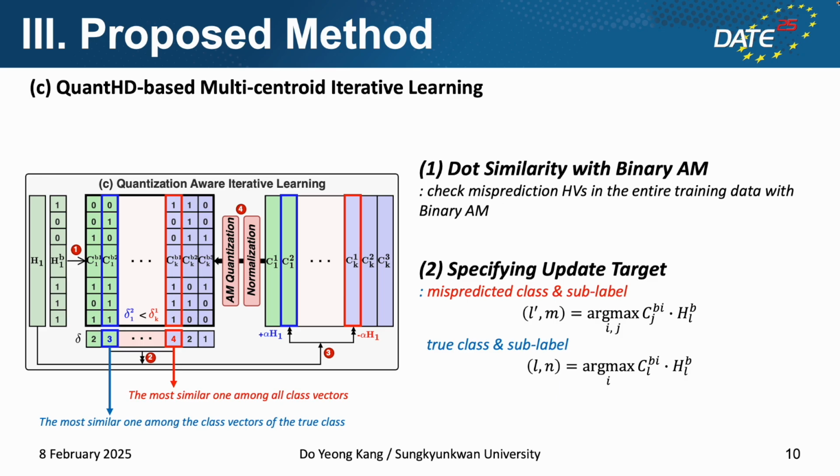When a misprediction occurs, it's because a sample is more similar to a class vector from another class than to the nearest class vector of its true class. So we pick two target class vectors, the most similar one within the true class and the most similar one overall for updating.